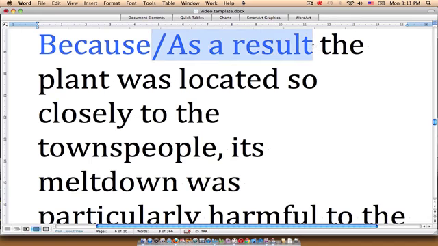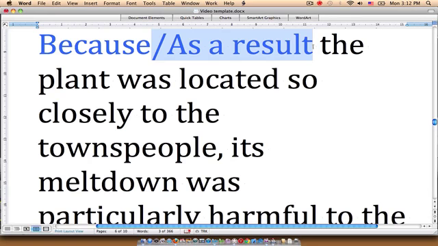Because is a word that is used to initiate an explanation for something. "As a result" is typically a phrase that is used when we're going to draw a conclusion. At this point in the supporting paragraph, we're trying to explain the significance of this example in relation to our thesis.